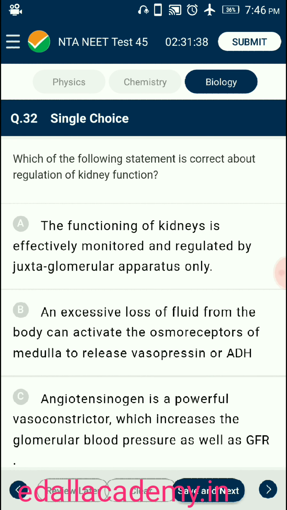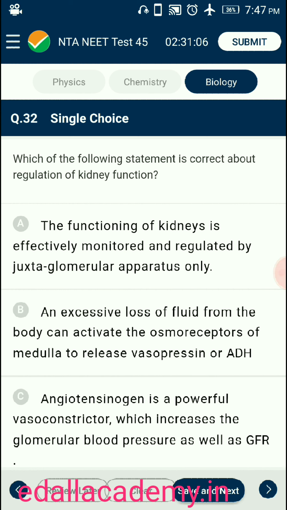Question number 32. Which of the following statements is correct about regulation of kidney function? The functioning of the kidneys is effectively monitored and regulated by the hypothalamus, the juxtaglomerular apparatus and, to a certain extent, the heart. An excessive loss of fluid from the body can activate the osmoreceptors of the hypothalamus to release vasopressin or ADH from the neurohypophysis.